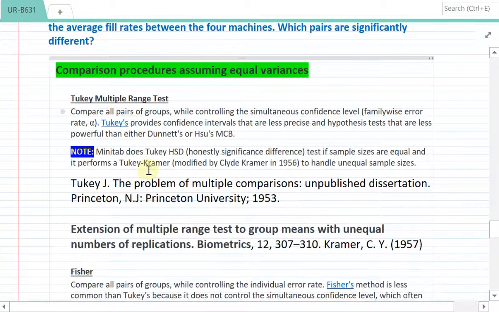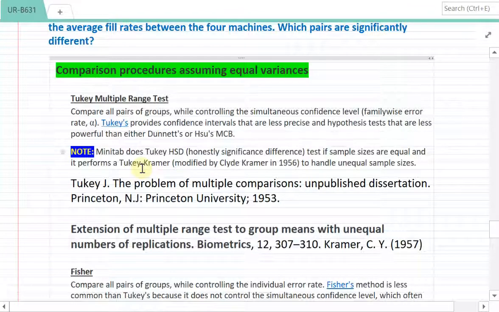However, there is a modification to that, which is Tukey-Kramer. That is truly a modification. Clyde Kramer, in 1956, modified the procedure by Tukey, and made it work for samples of different sizes. They don't have to be equal.